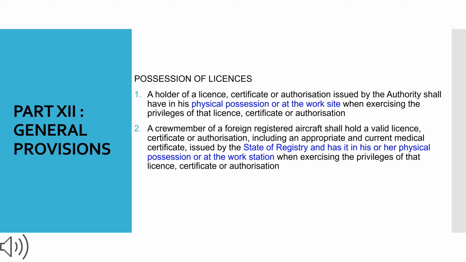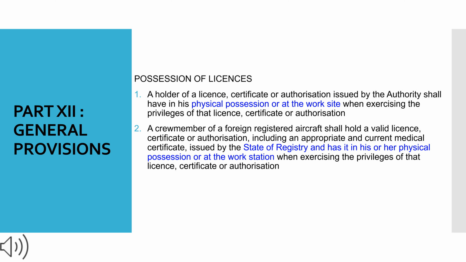Part 12. General Provisions. Possession of licenses. A holder of a license, certificate, or authorization issued by the authority shall have it in his physical possession or at the worksite when exercising the privileges of that license, certificate, or authorization.